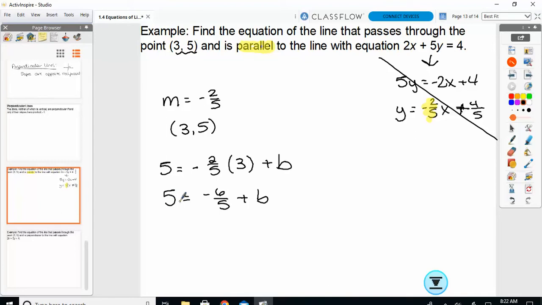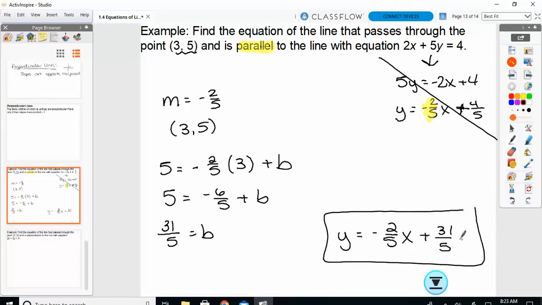Then we have to add over our 6/5, so that would be 31/5. So my final equation is y equals -2/5 x plus 31/5. Is that one okay?